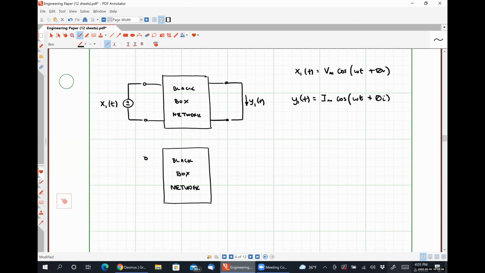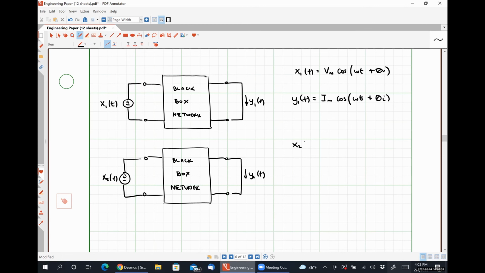But this time, instead of putting in a cosine function as our input, let's put a sine function in as our input. So let's call this x2 of t, and we're going to measure an output y2 of t.